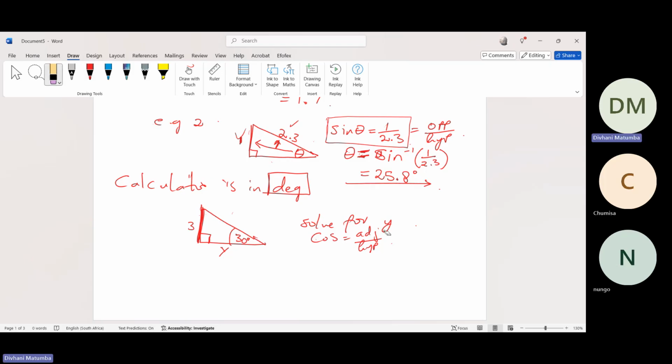Okay, which one do you want to use? Sine. Okay, the sine of theta is given by the opposite divided by the hypotenuse. Nungo, do you agree? Kind of. Okay, which one is the hypotenuse?